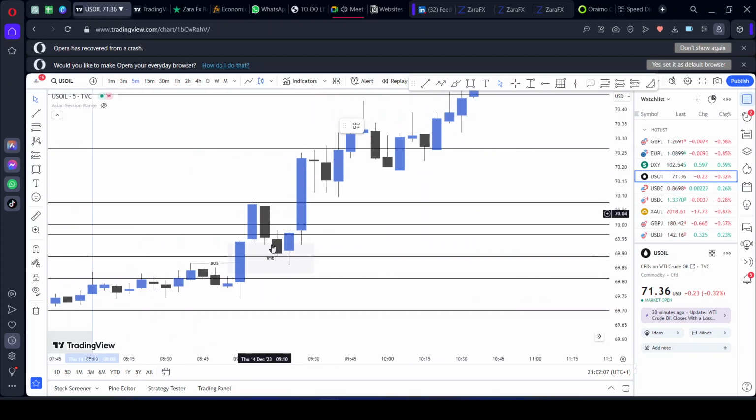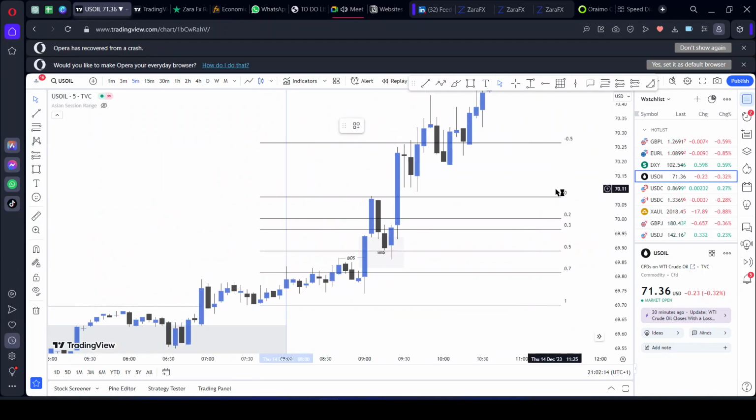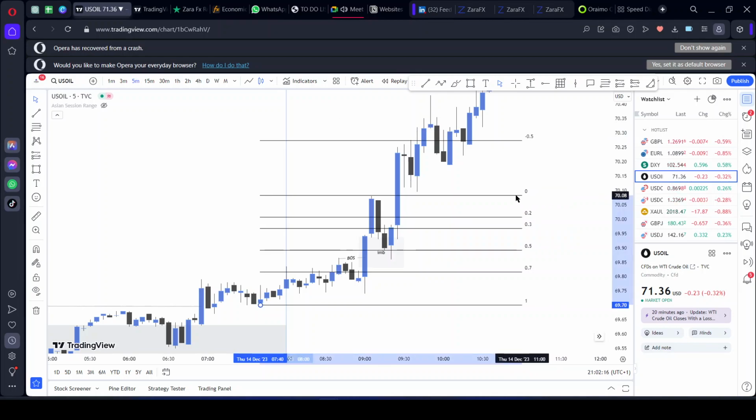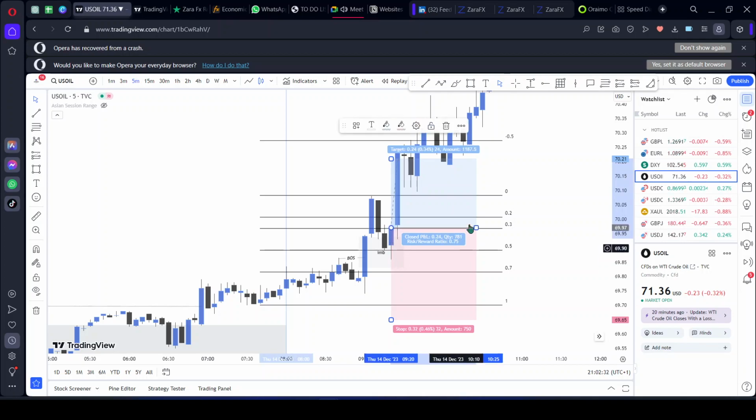So what I'll do is I'll place my order a little bit above 50%. So going long, I'll put it here in the midpoint. There are times that I would place this order at 0.3.